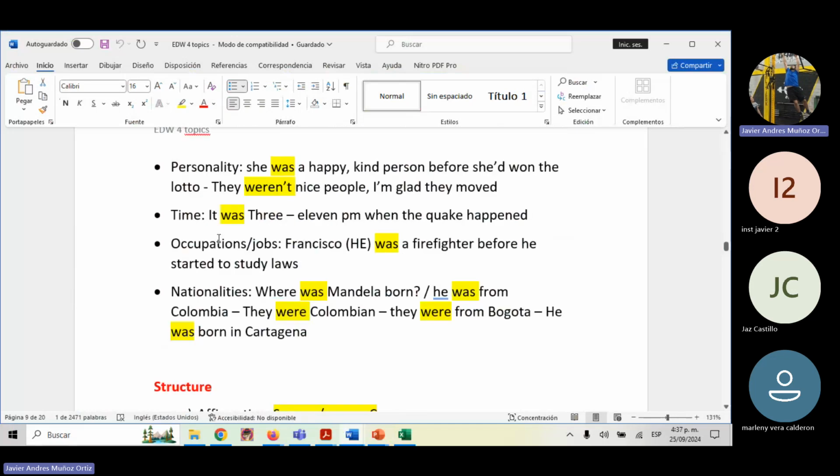Time, occupations, for example, in terms of occupations, we could say you were a firefighter in 2005, but today you are, I don't know, a doctor, maybe because you studied a new career. It's possible. And nationalities, especially used when somebody dies. For example, this person died, so he was American, right? Abraham Lincoln was American, for example. Let's suppose that.